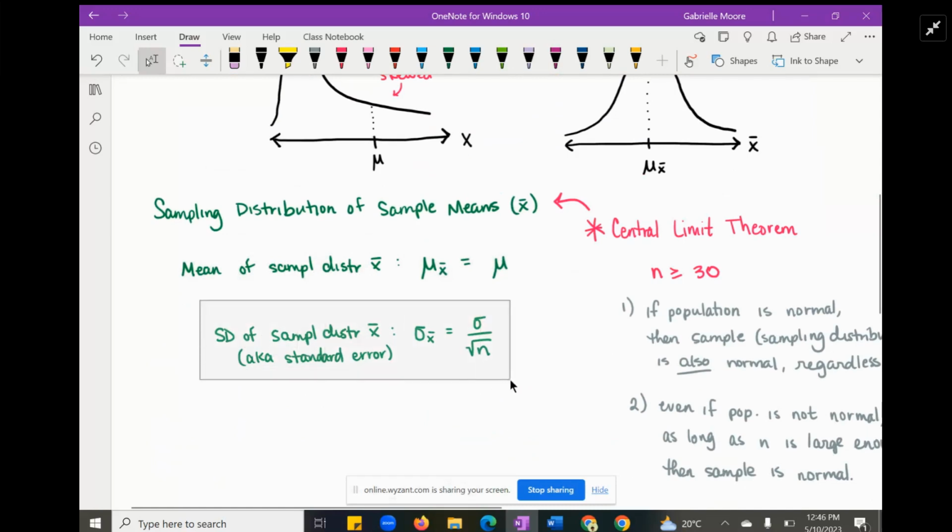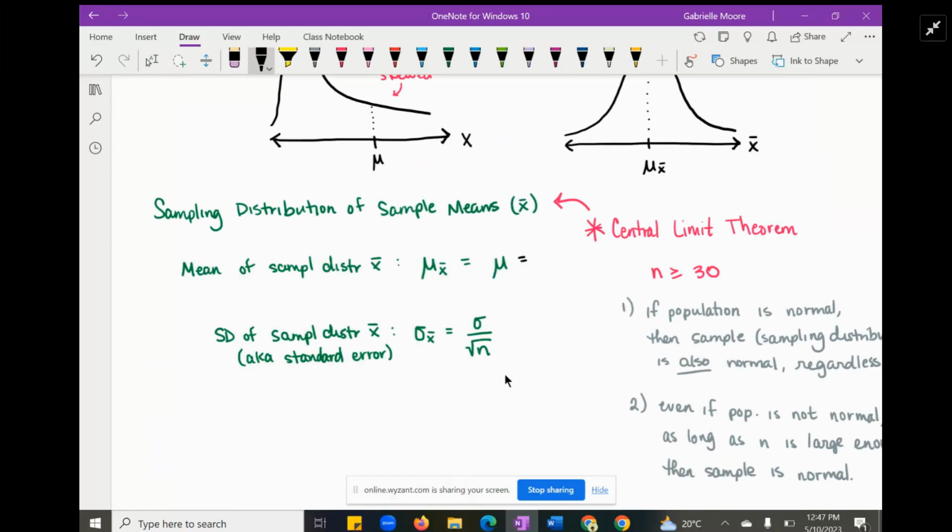For the standard deviation of the sampling distribution of the sample mean, X bar, we take the standard deviation of the population and divide it by the square root of n. Another term we use for this is the standard error. If you recall standard error, that's what we have right there. Let's make note of that, because this is what we're going to use in calculating.